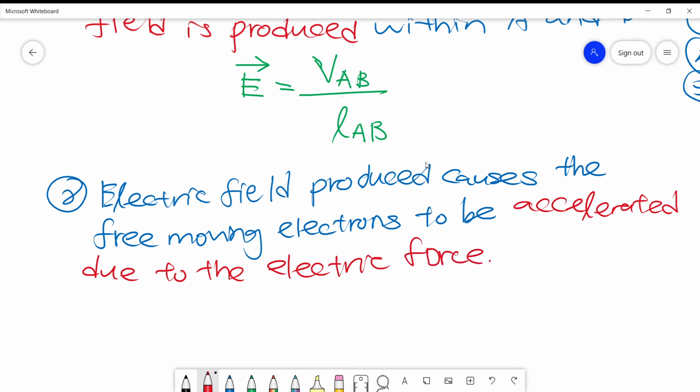This electric force is also well known as the electrostatic force. So the electrostatic force or the electric force can cause the free moving electrons to be accelerated.